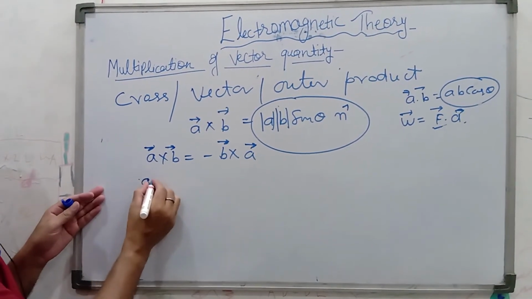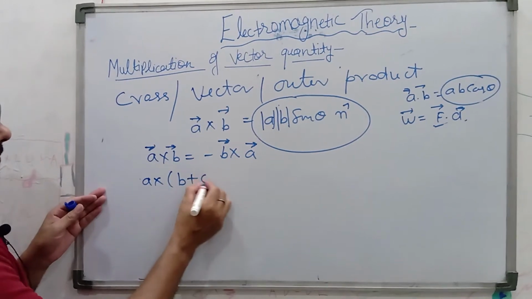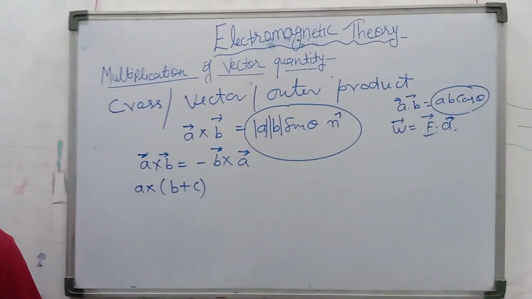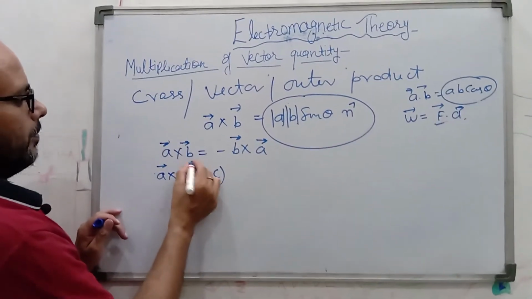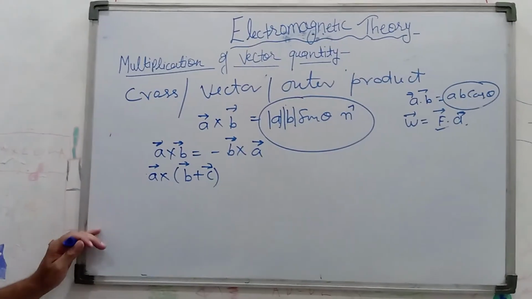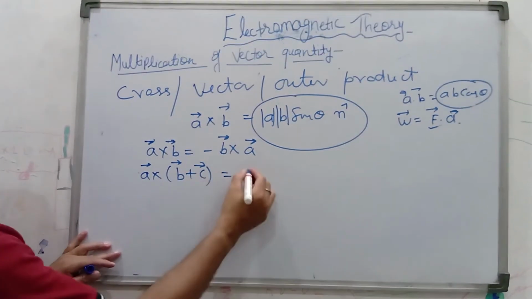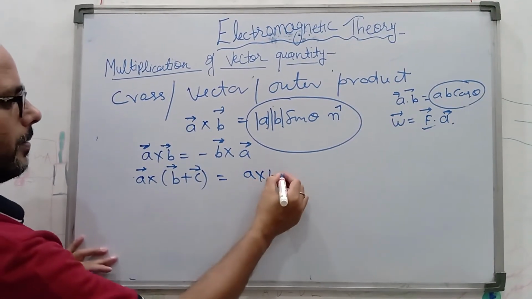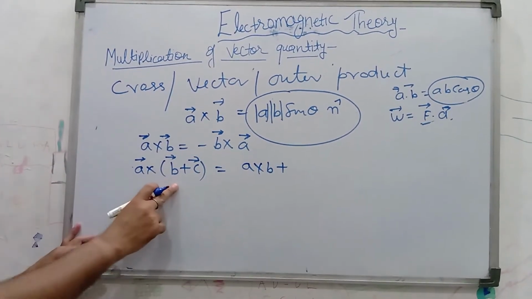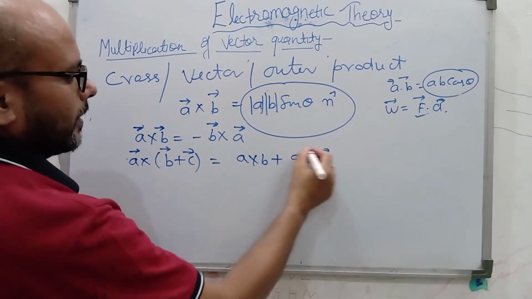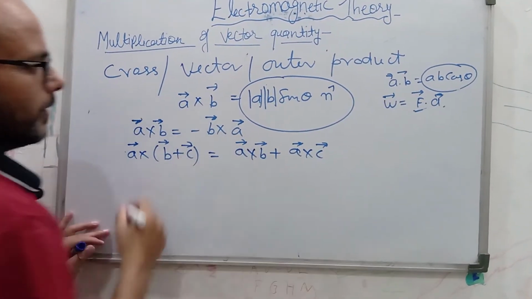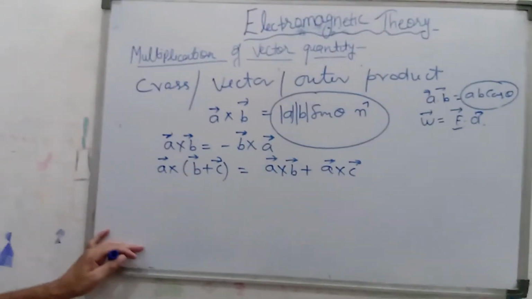Here A cross (B plus C), with A vector, B vector and C vector, equals A cross B plus A cross C. Keep this in mind to solve some numerical problems.